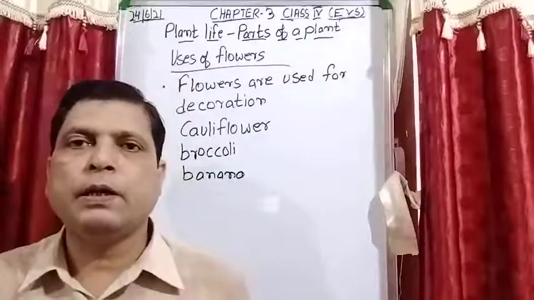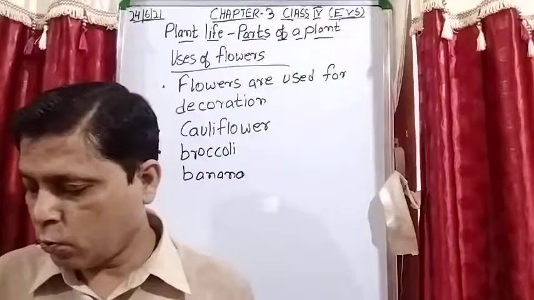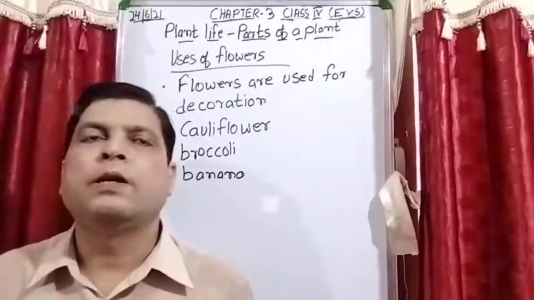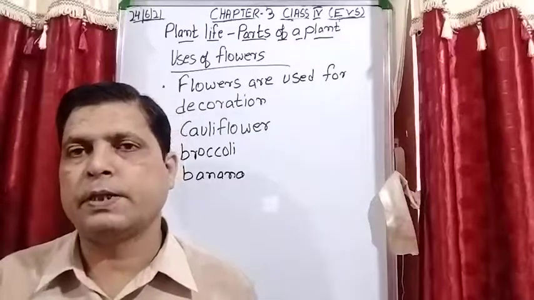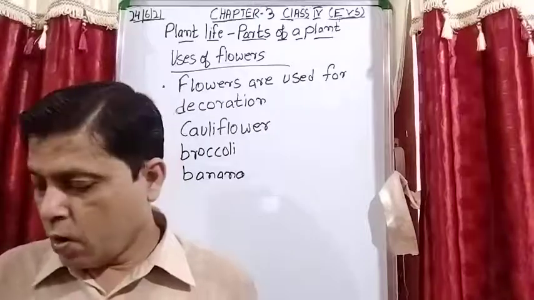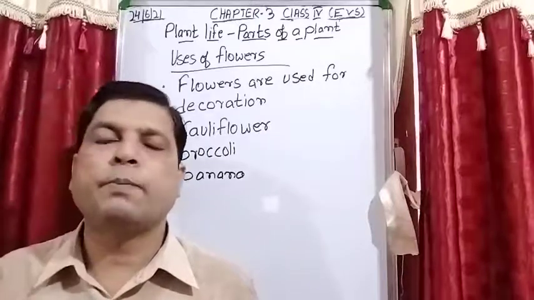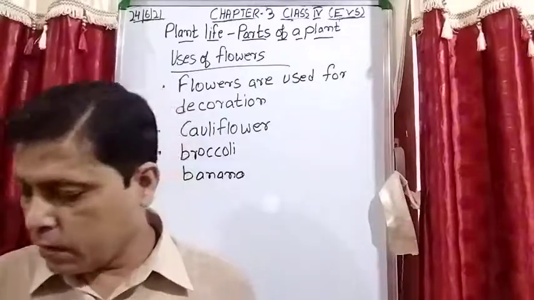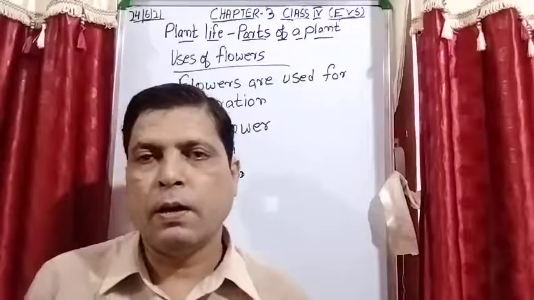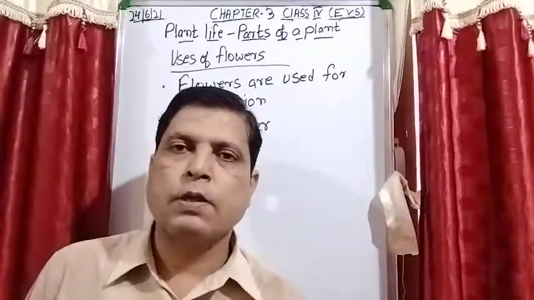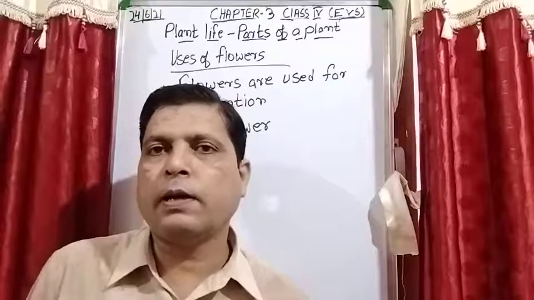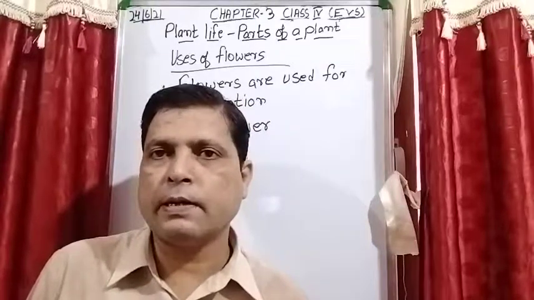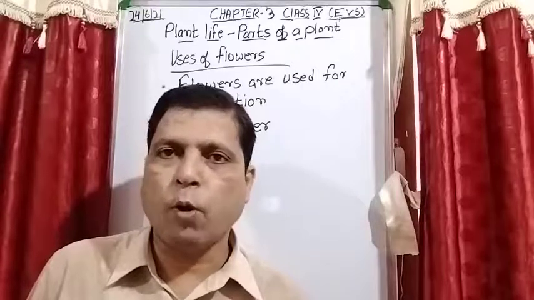Cloves we get by drying the buds. Okay, cloves are dried flower buds. Is it clear? Or flowers of some plants like rose and jasmine are used to make a perfume also, because flower has a very good smell to attract the bees, butterflies and insects to transfer the pollens.